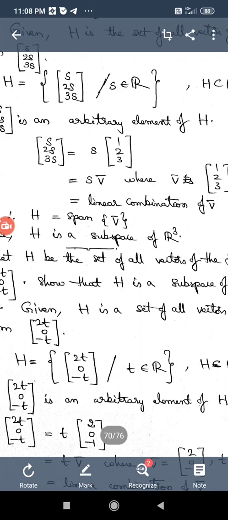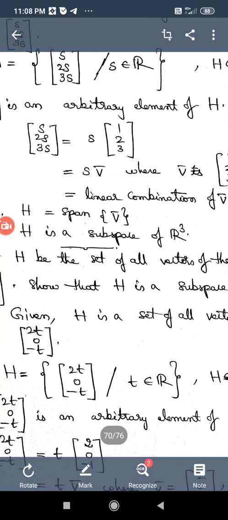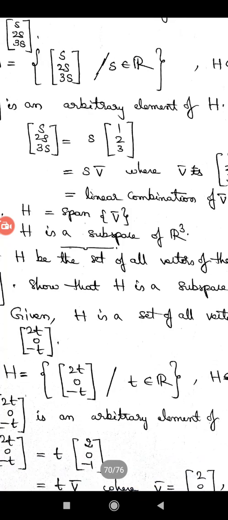That means (s, 2s, 3s), which is an arbitrary element of H, can be expressed as a linear combination of v bar. That means H is equal to span of v bar, where span of v bar is the set consisting of all linear combinations of v bar.